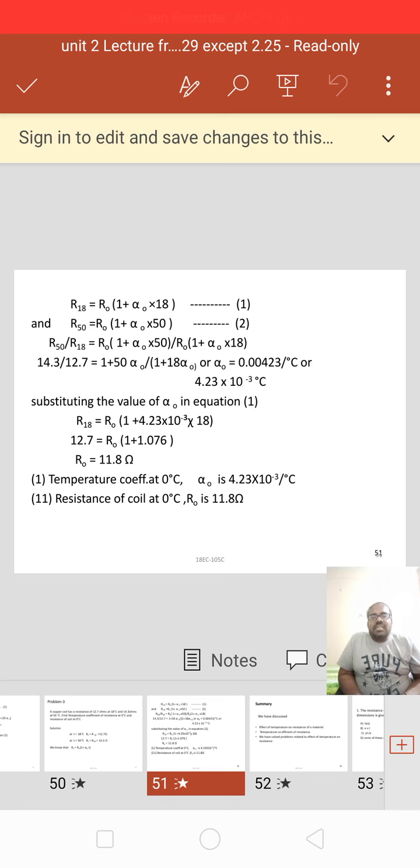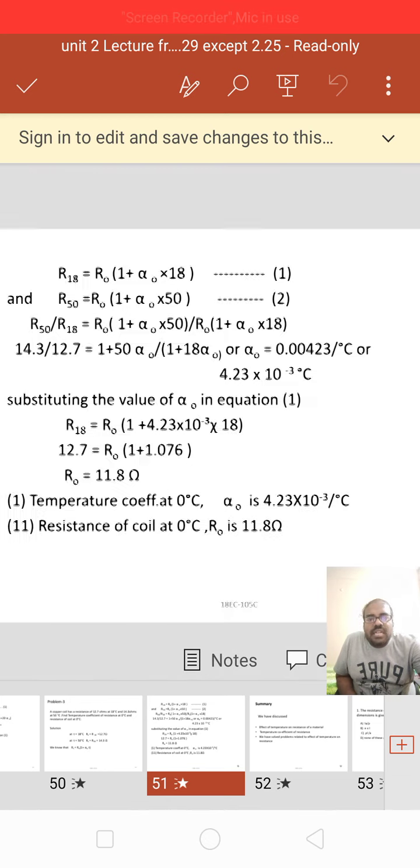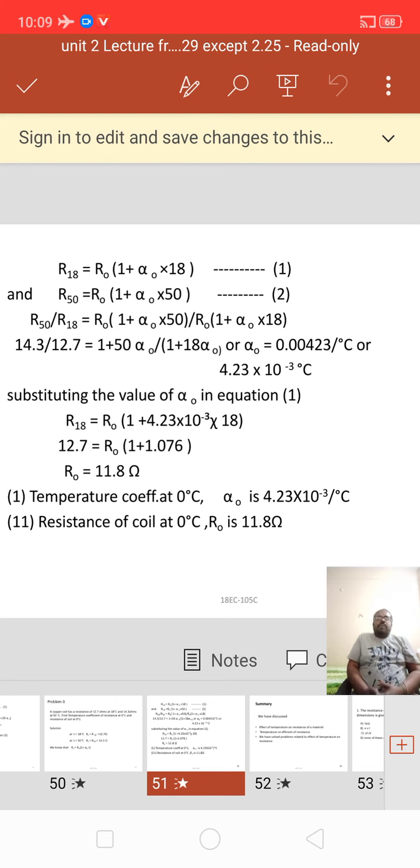By rearranging the terms, we get R naught equal to 11.8 ohms and alpha naught equal to 4.23 into 10 power minus 3 per degrees Celsius. So the solution is: the temperature coefficient at 0 degrees Celsius, alpha naught, is 4.23 into 10 power minus 3 per degree Celsius, and the resistance of the coil at 0 degree Celsius, R naught, is 11.8 ohms.